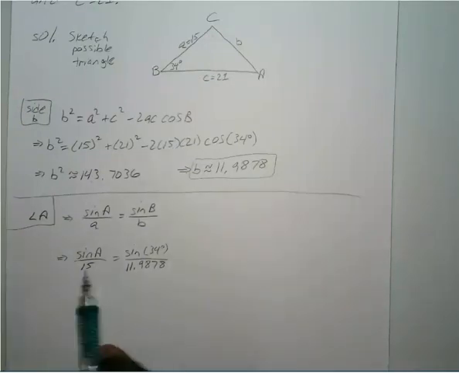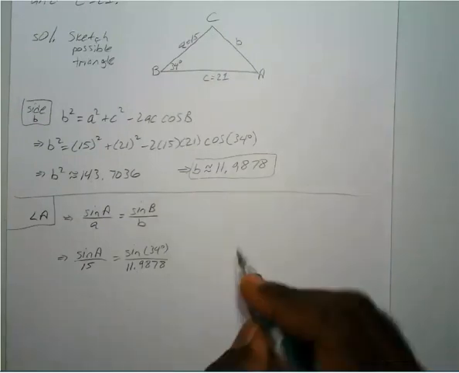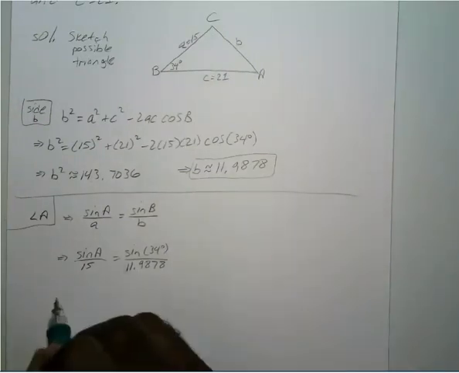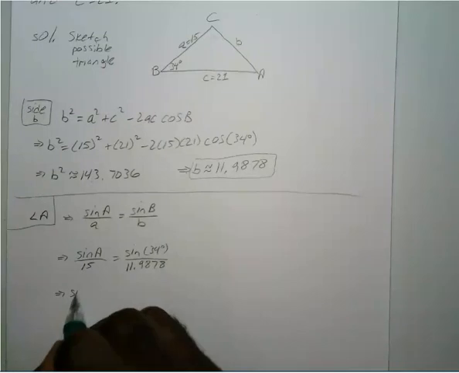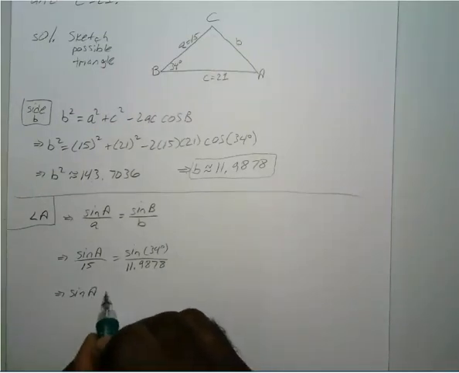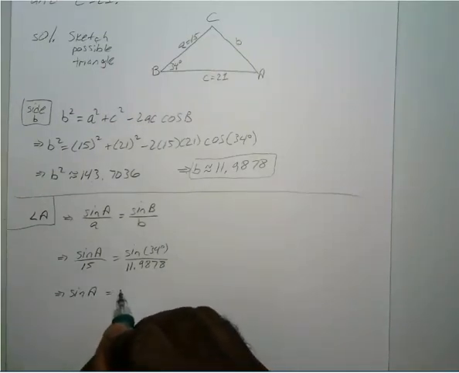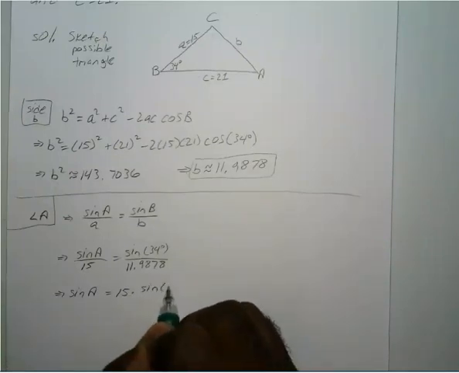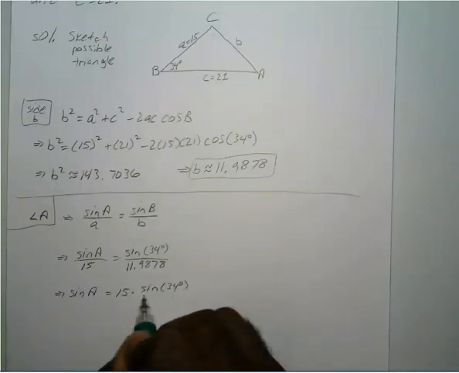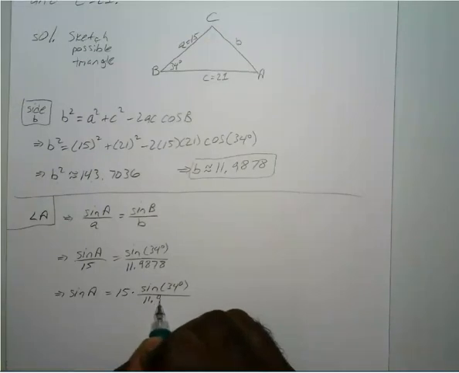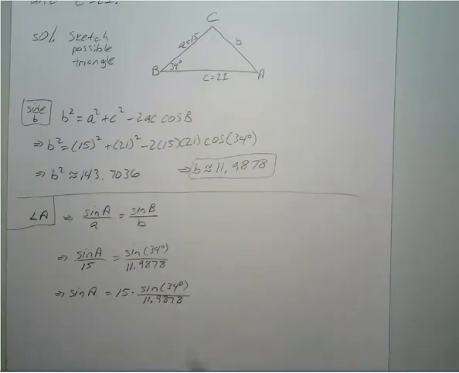If we multiply both sides by 15, you have sine of A is equal to 15 times sine of 34 degrees over 11.9878.